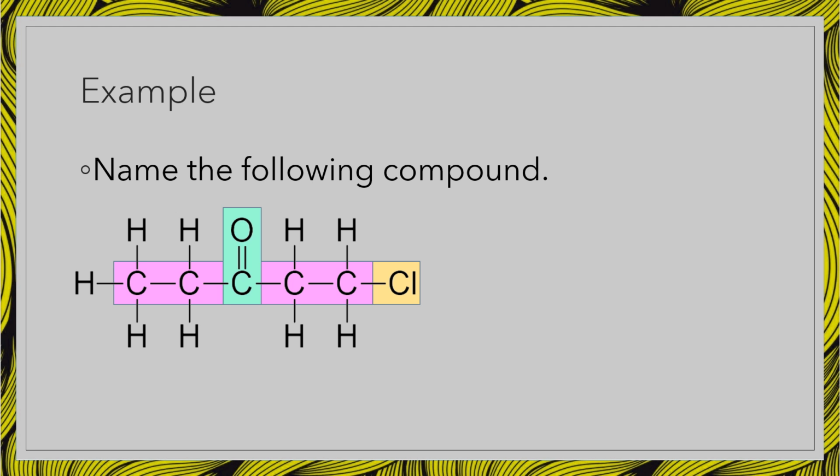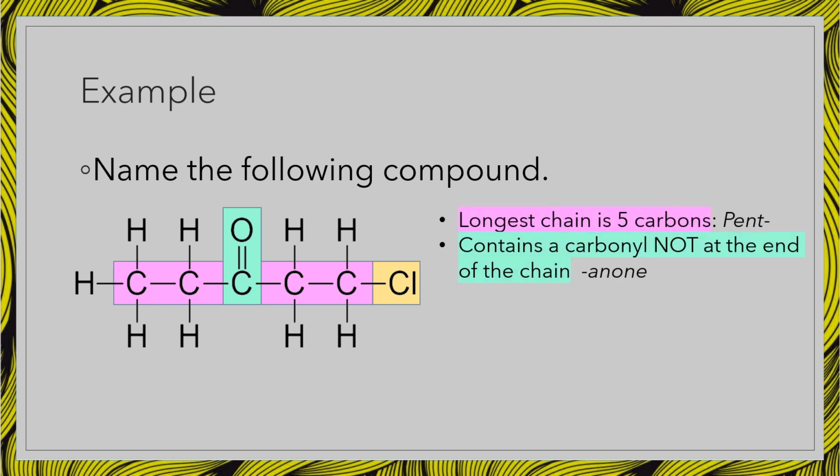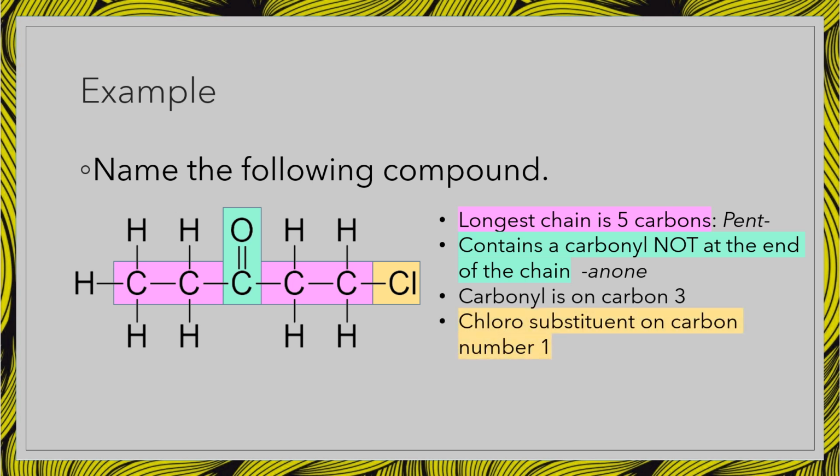It doesn't matter the direction as long as the numbers are the lowest possible. So we can have 1 chloro or we can have 5 chloro. Which one's lower? It's 1. So pent, -one, carbonyl's on 3, so it's pentane 3-one with a chloro substituent on carbon number 1. So it's 1-chloro pentane 3-one.